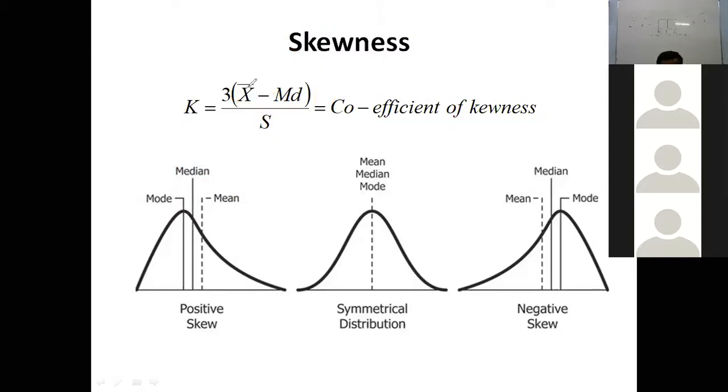So mean minus median. What is this, Kamaladeepan, again? Skewness. No, the skewness is what we measure using this K. But I am asking about S. We have learned this in the first or second class.